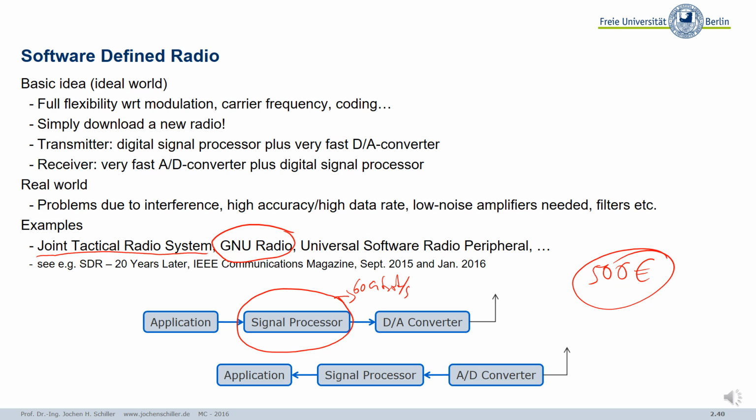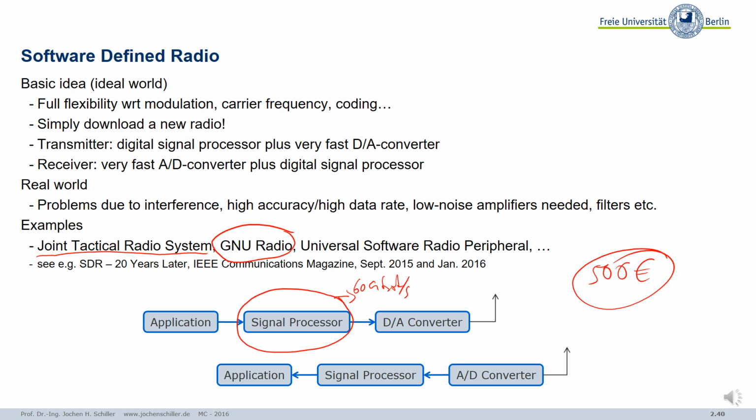So they are available, not the ideal software-defined radio, but at least for the normal systems you can easily buy them. There are even cheaper versions. If you only want to receive something, then you can use these classical DVB-T receiver sticks. You can reprogram them. That's very cheap.